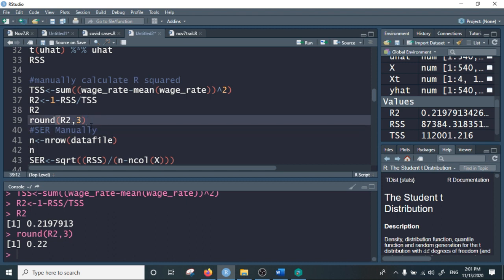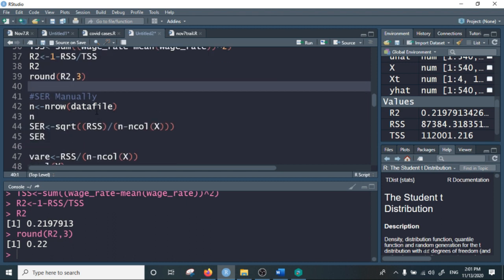So now we move to the next one, how to calculate the standard error of regression manually in R. So the standard error of regression can be simply defined as the square root of RSS divided by n minus the number of parameters.